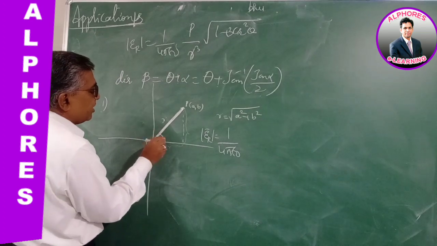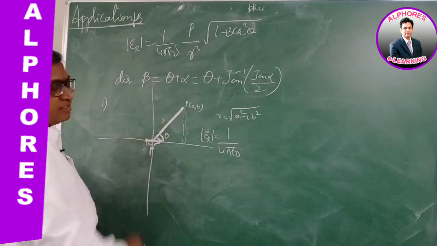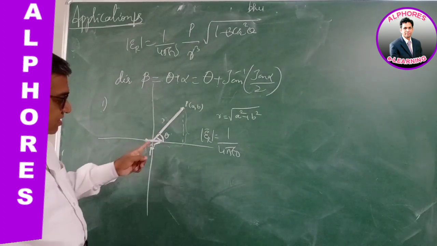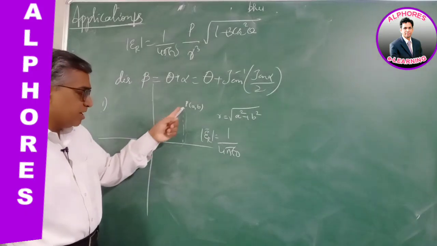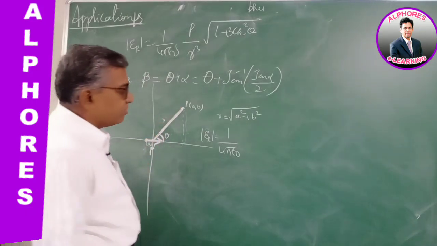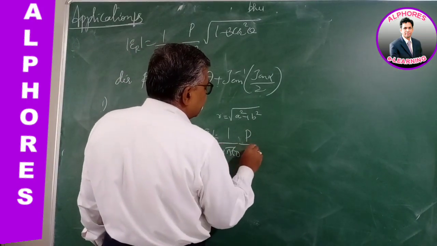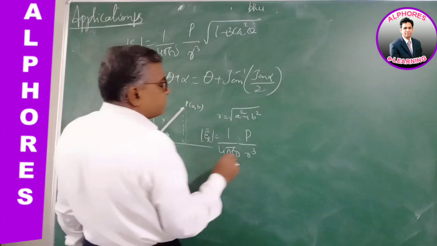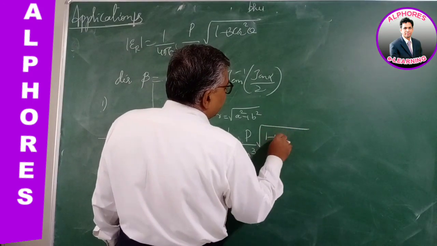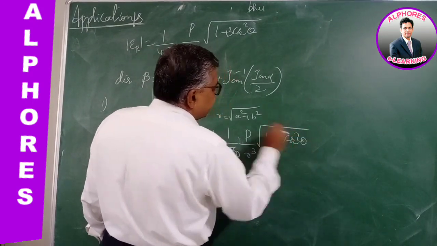Let the angle made by the radius vector with the dipole be theta. So we know the general formula for the resultant electric field intensity is 1 by 4 pi epsilon naught, p by r cube, under root 1 plus 3 cos square theta.